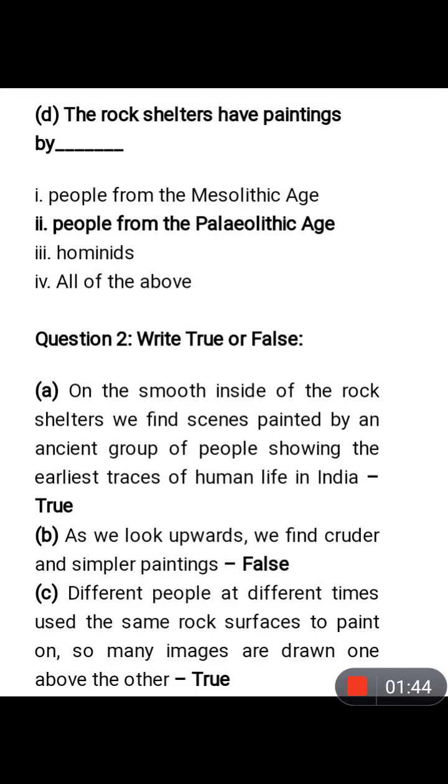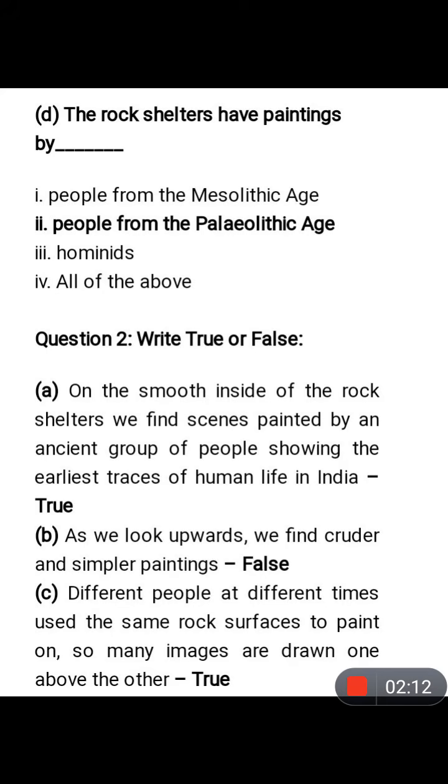If you have not watched those two explanation videos of this chapter, then please go to the playlist and watch those videos first and then come back to this video. The first statement we have: on the smooth inside of the rock shelters we find scenes painted by an ancient group of people showing the earliest traces of human life in India. As per the story, this statement is absolutely true.